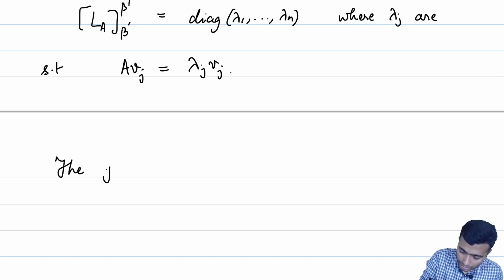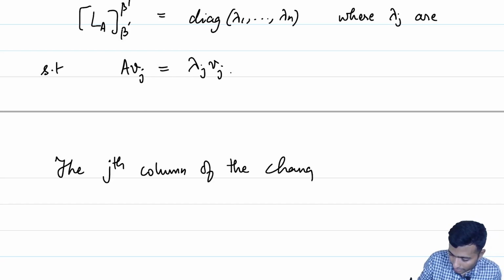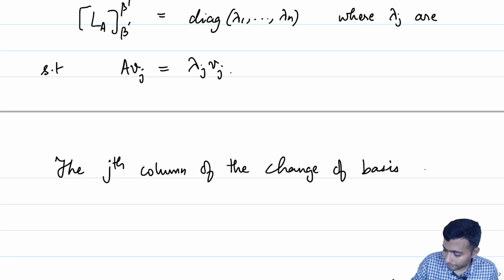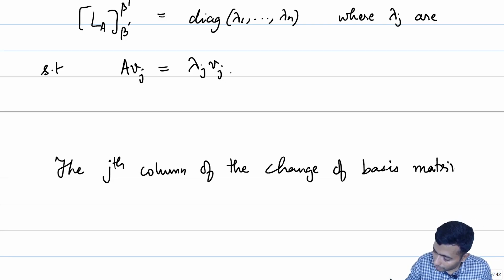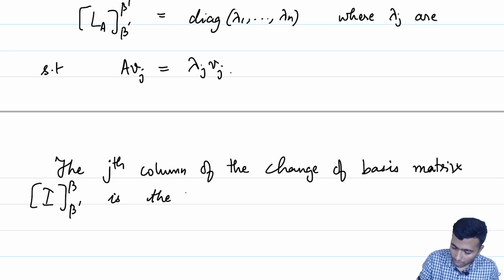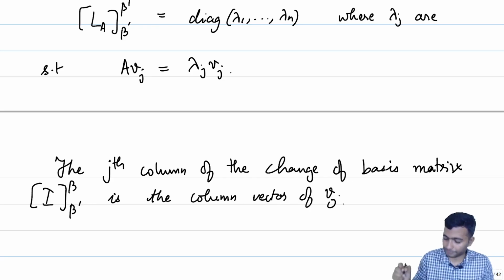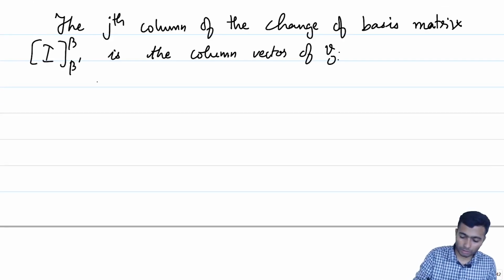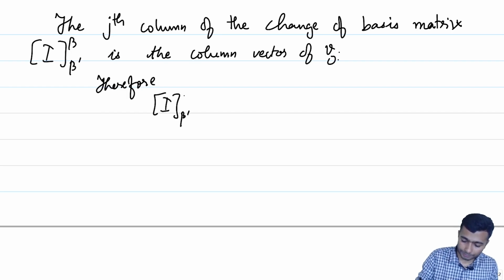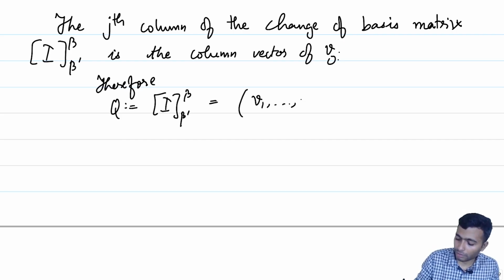The jth column of the change of basis matrix I beta prime beta is the column vector of Vj, and therefore I beta prime beta, which is, let us say, Q, is nothing but V1 to Vn.